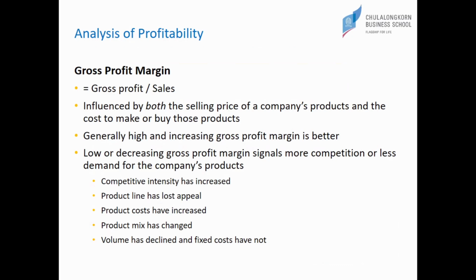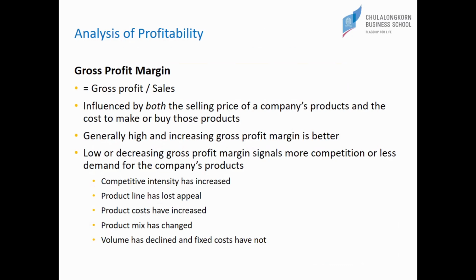And if you observe a low or decreasing gross profit margin over the years, it probably indicates something bad is happening and warrants further investigation. Maybe there's more competition, or maybe there's some decreasing demand for the company's product. These are some of the things that you can infer from a decreasing gross profit margin.